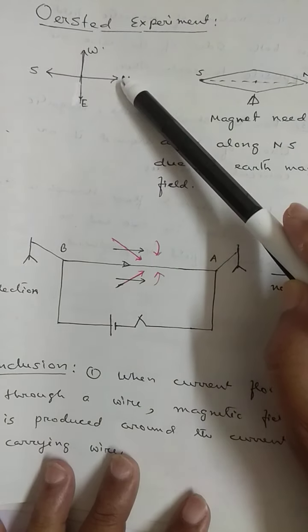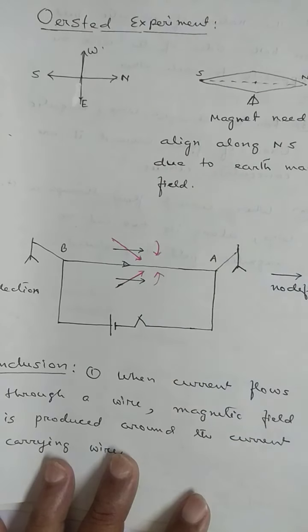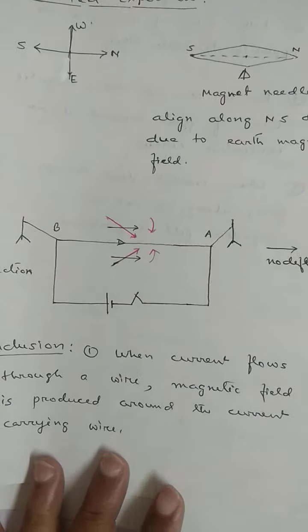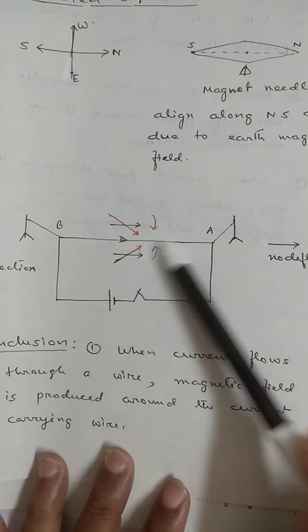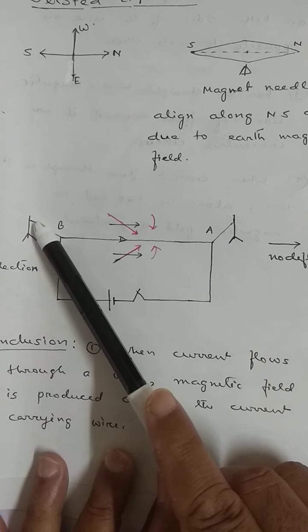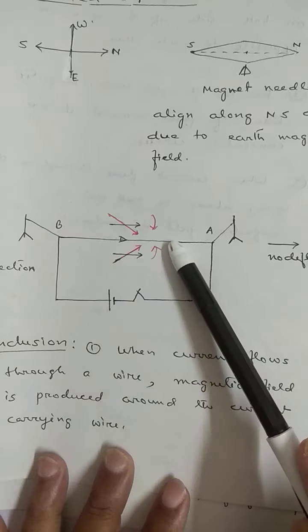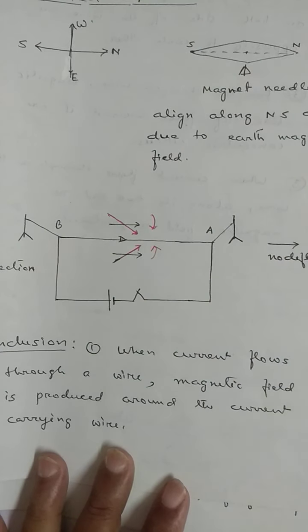Okay? So this is the geographic north, geographic south, geographic east and geographic west. Now in the Oersted experiment, we have to stretch a wire AB between two stands, and the wire has to be placed in the geographic north-south direction.